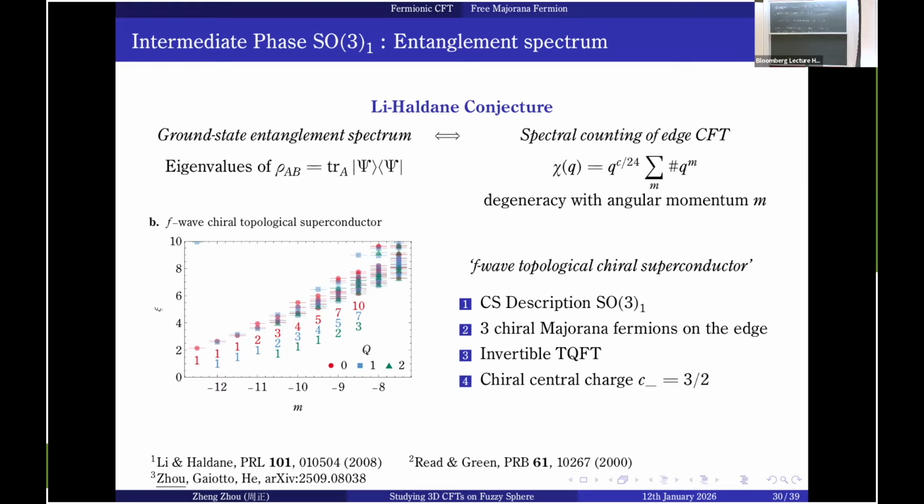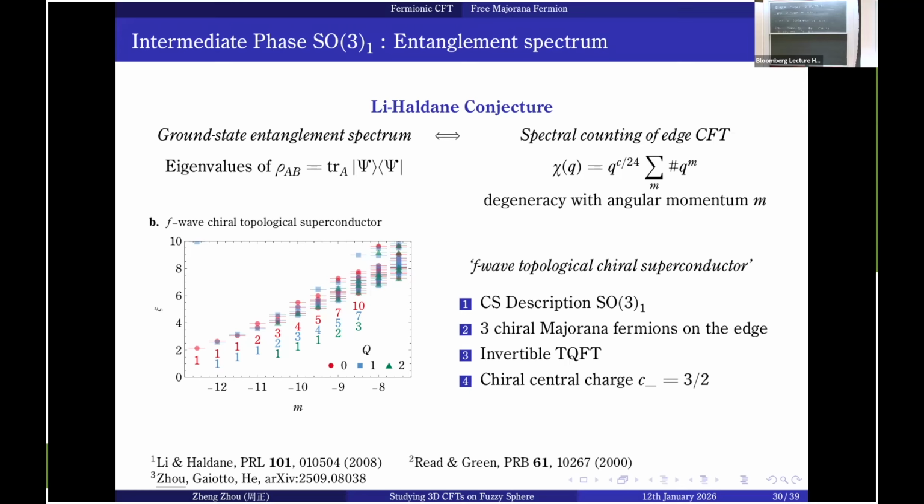And from the spectral counting, we can determine that the chiral mode is three Majorana fermions. Thus, it is described by an SO(3) level 1 Chern-Simons theory. It is an invertible TQFT with a chiral central charge 3/2.